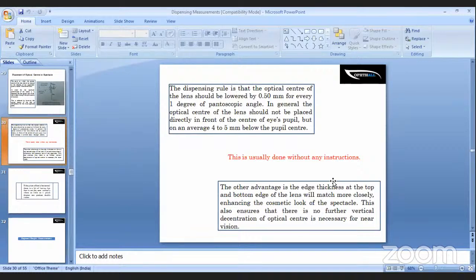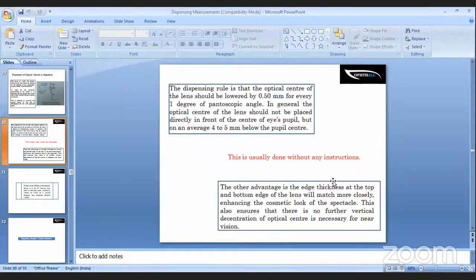Go back to the lecture on spectacle frames, where we saw that when spectacle frames come out of the factory, they usually have 6 to 8 degrees of pantoscopic angle, which means that for every degree you put the optical center below by 0.5 millimeter. So 4 to 5 millimeter below you must fit the optical center in spectacle dispensing.